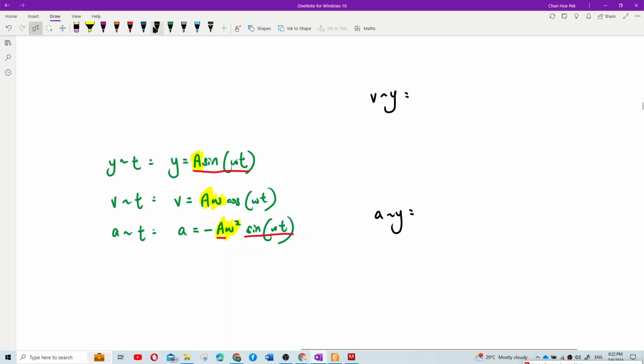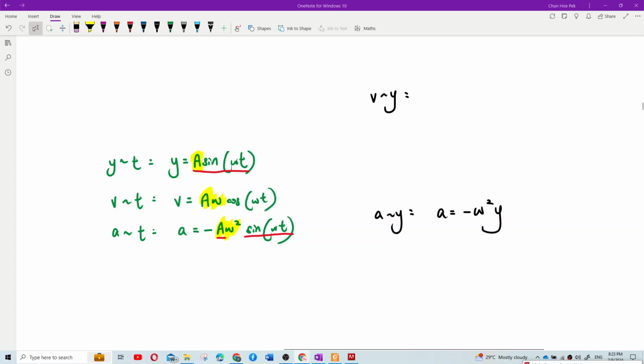So I can substitute. a equal to negative omega square, we keep it, and A sine omega t we change with y. So we got the formula for acceleration with displacement.